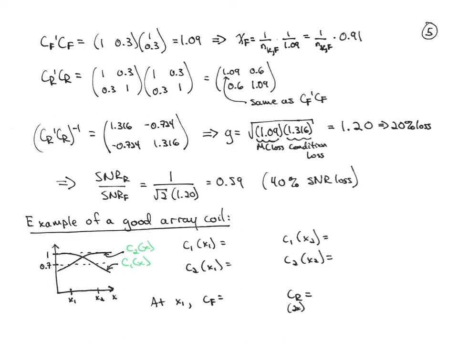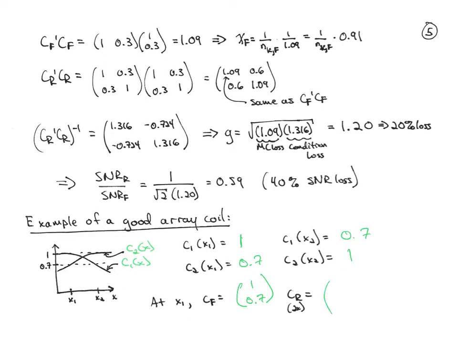So we've got that c1 of x1 is 1, c2 of x1 is 0.7, and vice versa for voxel x2. At spatial location x1, c sub f is 1 and 0.7.